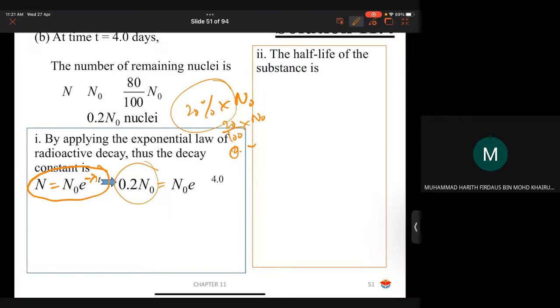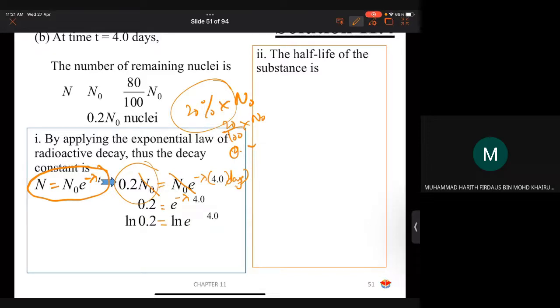So N0 exponent negative lambda, you want to find time. Time dia bagi dalam days, biar je days. So lambda you dalam days lah. Kalau you tak tukar, jawapan you dalam days. Macam mana nak buang N0? Cancel lah N0, N0. So you tinggal 0.2 sama dengan exponent negative lambda 4. So ln both side.